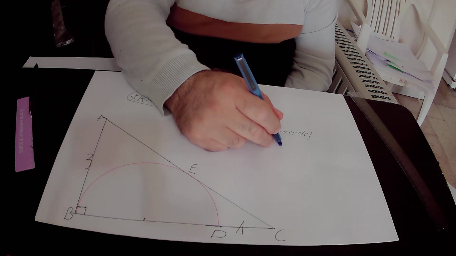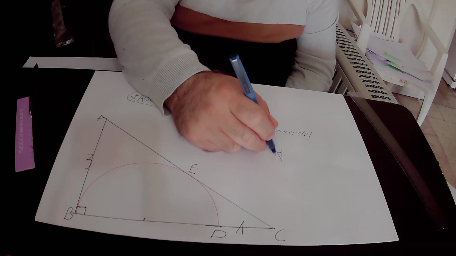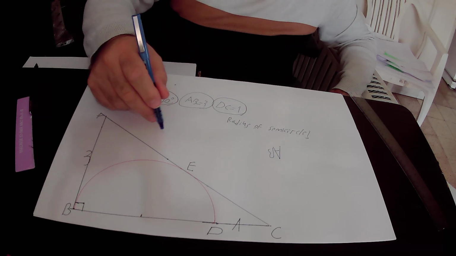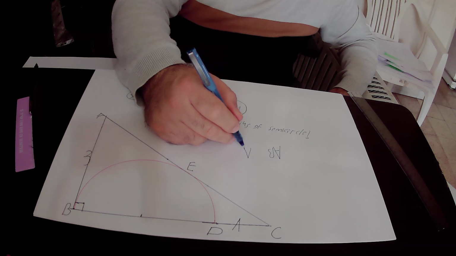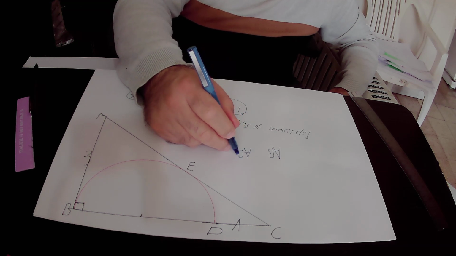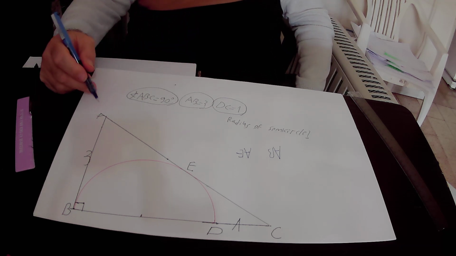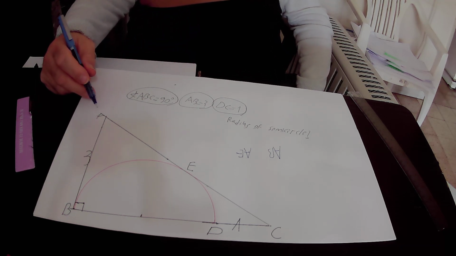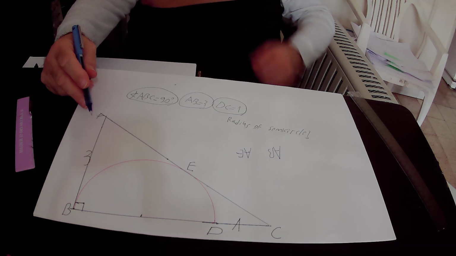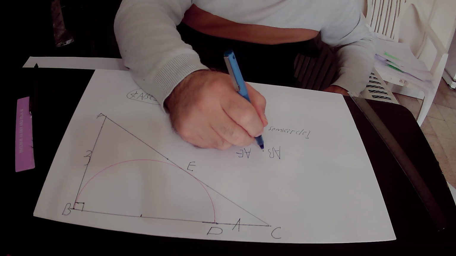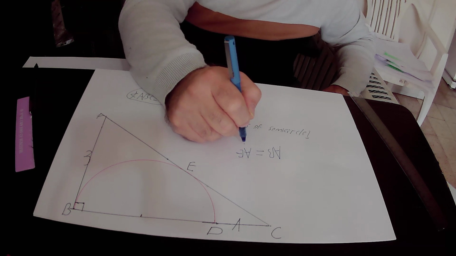So we have the first tangent that is AB, and the second tangent is AE, and according to rule number 1, the lengths of two tangents drawn from the external point A to the circle are equal, that is to say AB equals AE according to two tangents theorem.